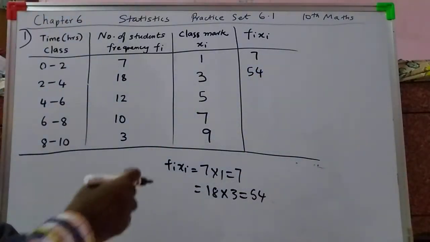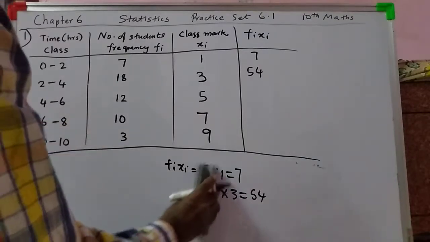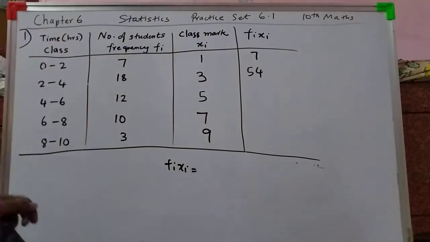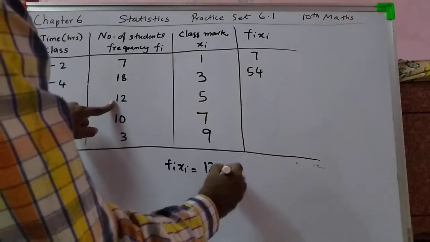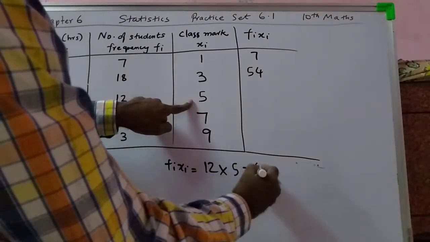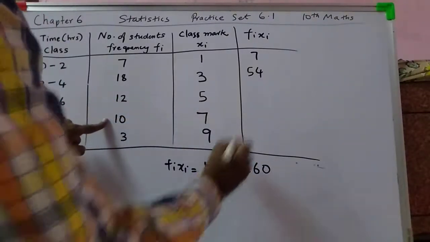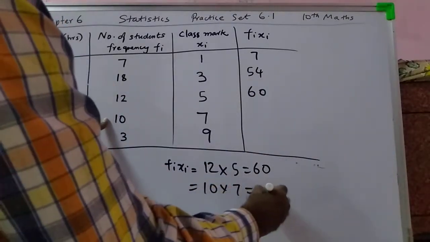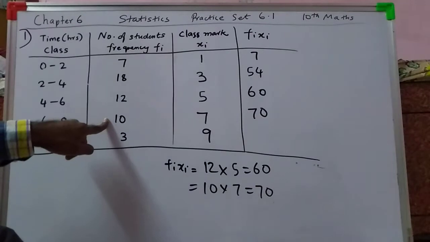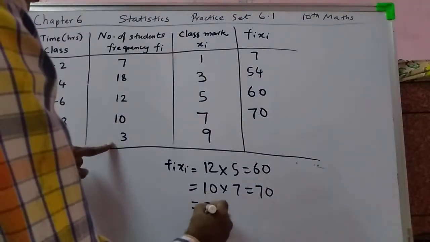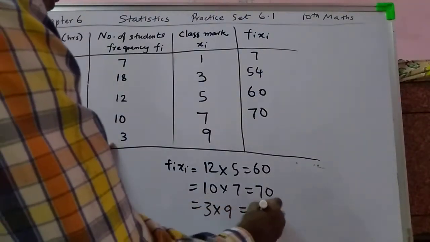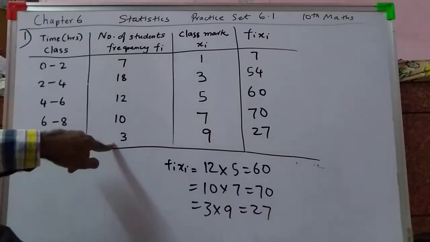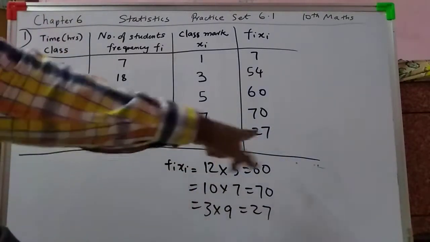So you have to do like this. 12 into 5, 60. 10 into 7, 70. And here 3 into 9, 27. So you have to multiply this and this. Okay.